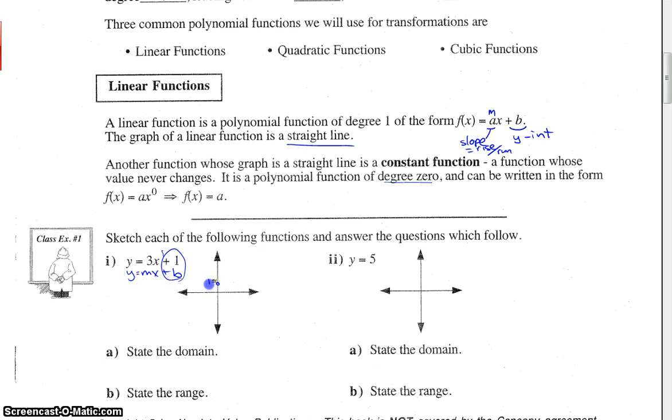We'll have a slope of 3, and I'm going to make that 3 over 1 so that we can see the rise would be 3 and the run would be 1. So up from our y-intercept we go up 3 and then over 1, and we're somewhere in there. And now we should be able to draw sort of a straight line through there. Hopefully yours looks better than mine.